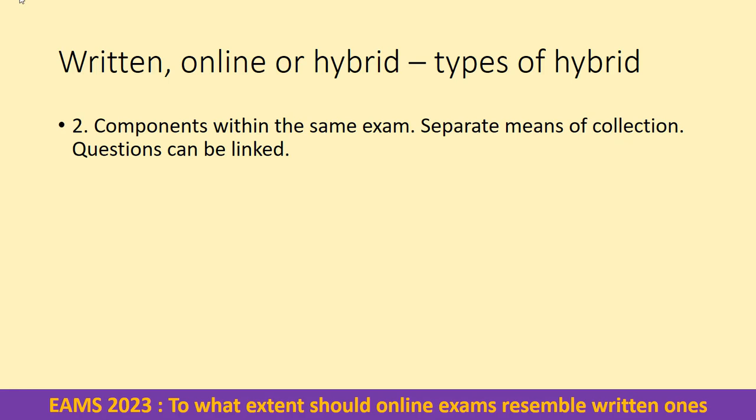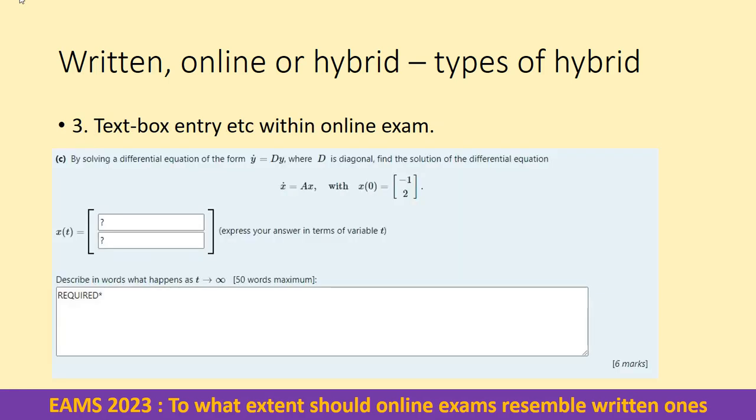It could be that you have the same exam time frame. Students can work on written work at some point, online work at another point during this time frame. It might be that you put some kind of limitations on one or other of the components. You do indeed have the ability to link the various questions from the online and written parts.